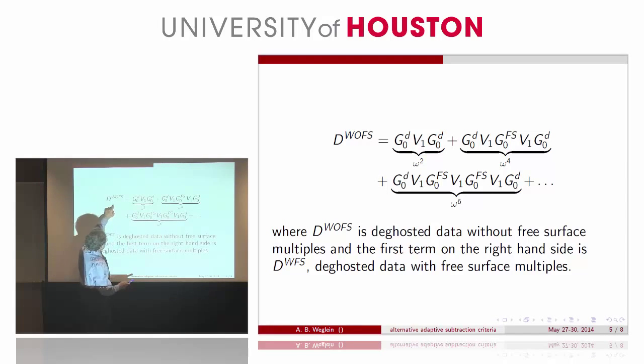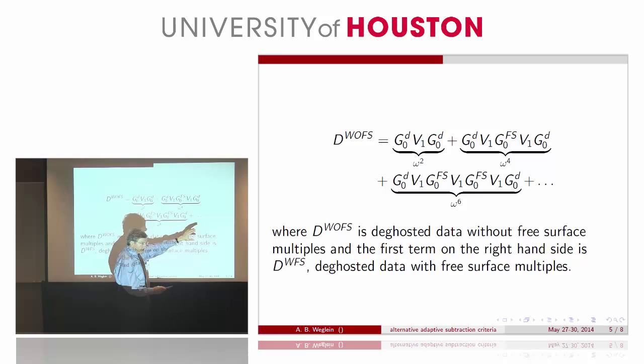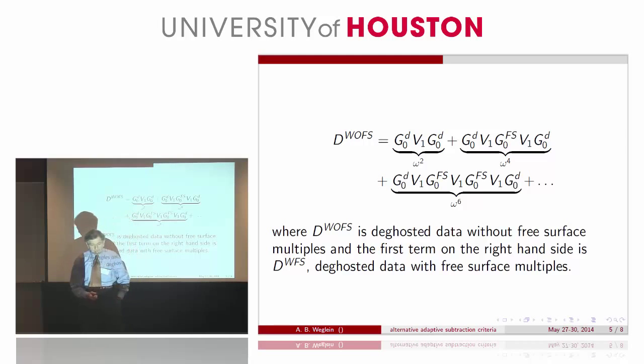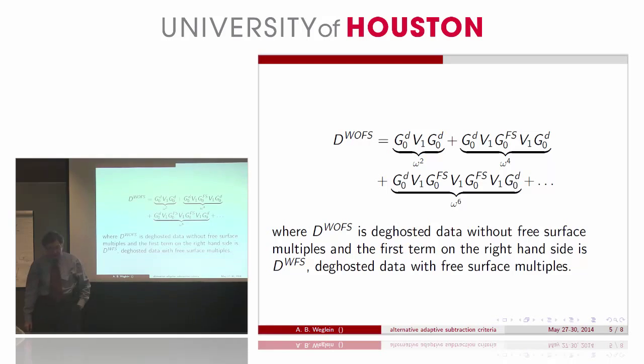So if I take data without free surface multiple and subtract my data, this is your data, and then divide by omega squared, yes? And this will have omega squared, omega fourth, and so on. Then if things work this way, in the limit as omega gets small, this minus this divided by omega squared should get small. Yes, because all of them have powers of omega.